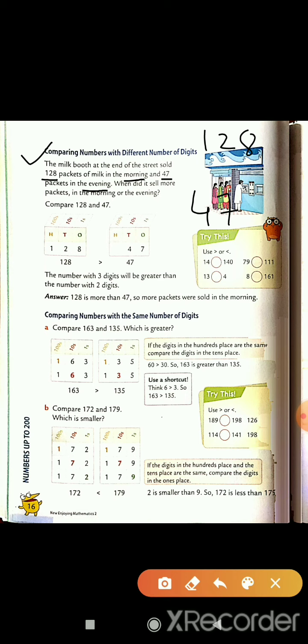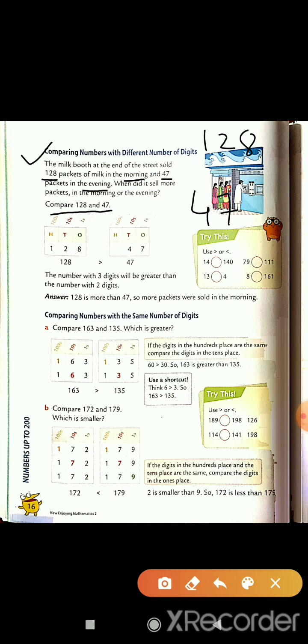The question is, when did he sell more packets, whether in the morning or in the evening? To find the answer, we need to compare 128 and 47. When we compare both the numbers, we'll get to know when he sold more.